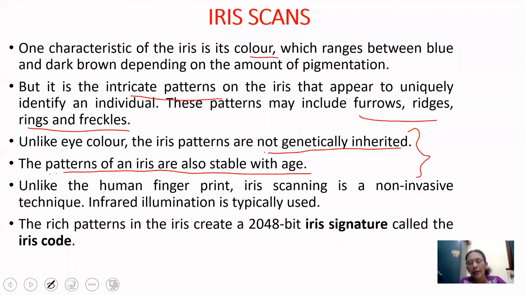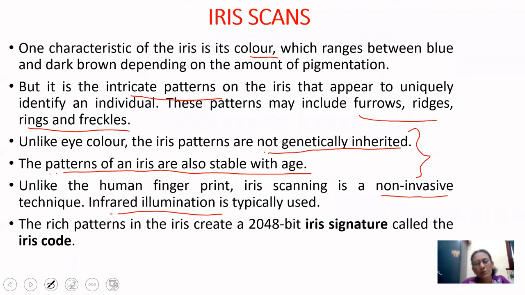Another reason is that to take a fingerprint you have to place the finger on a scanner, whereas iris scanning is a non-invasive technique. Even from a distance, maybe even 1 meter, as you pass through an airport, you will be able to take the iris scan. We use infrared illumination in this case.